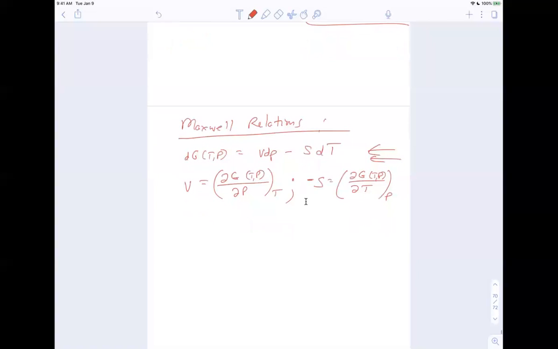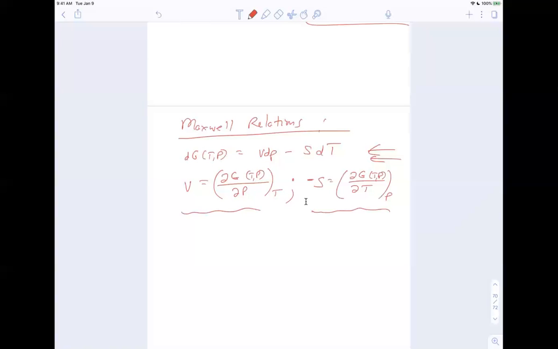But now we can ask about second derivatives. We can ask about second partial derivatives because we have G depending on two variables, temperature and pressure. In each of these, we've only taken the partial derivative of G with respect to one of those variables.